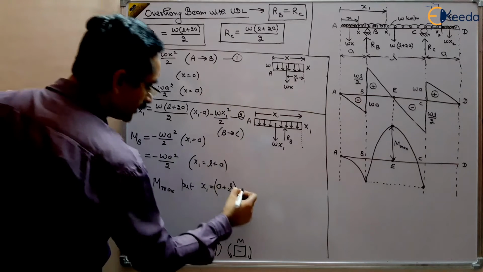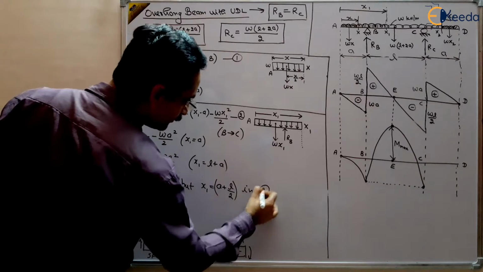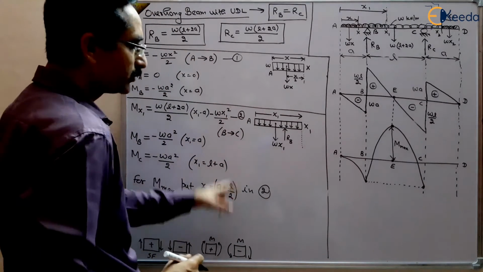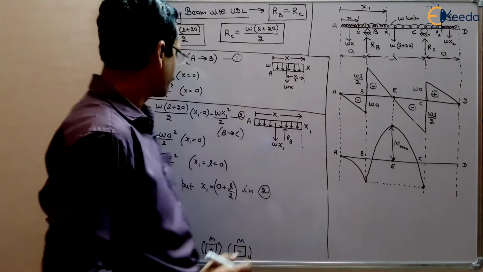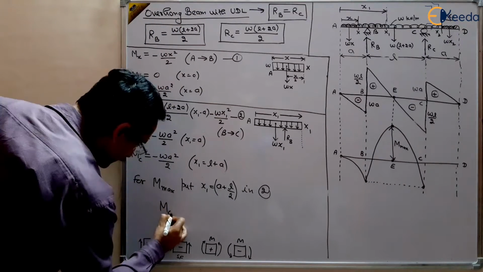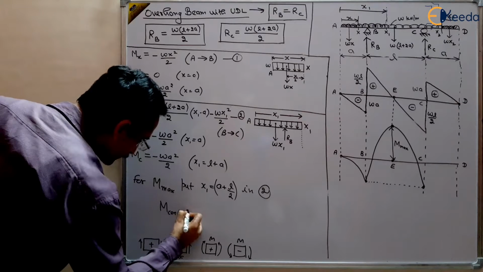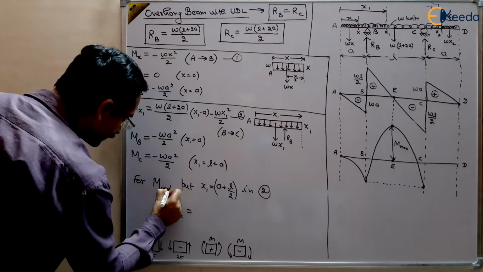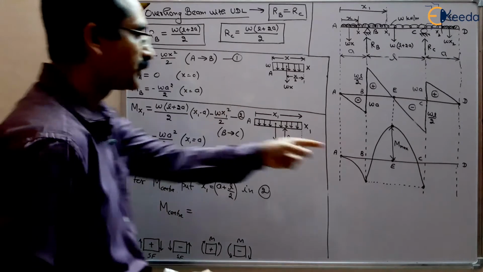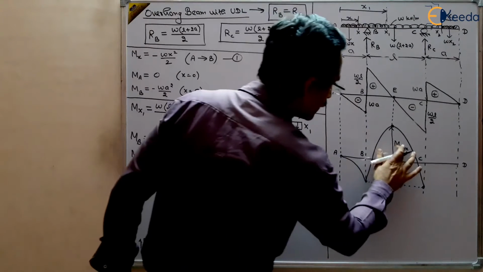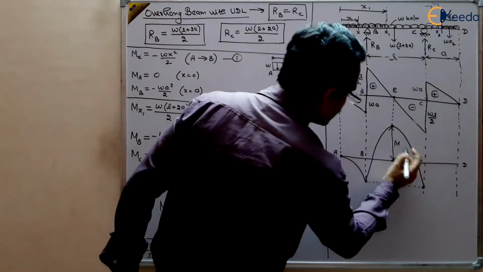In equation number 2, put the value x1 is equal to a plus l by 2, you will get the maximum bending moment. Rather than writing max, I am writing M center, whatever is the maximum bending moment at the center, right?